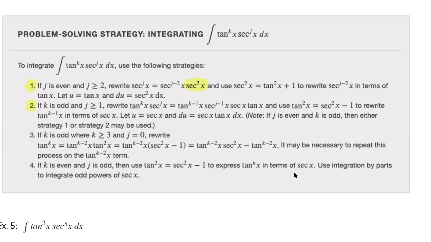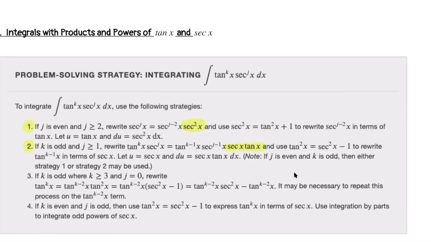Now, there's another case where maybe the power of tangent is odd. In that case, we're going to lose a power from tangent, and we're going to lose a power from secant, okay? What that gives us is a secant tangent at the end. Earlier, I had us write down that the derivative of tangent x is secant squared x, okay?